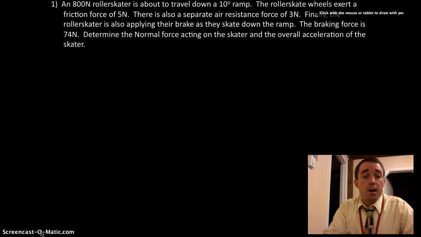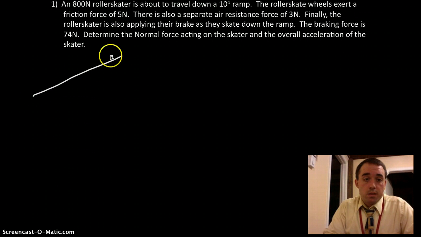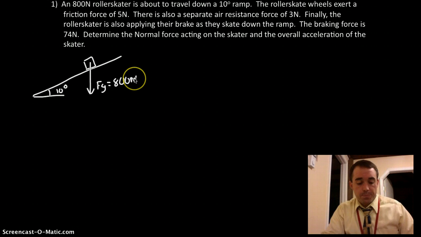To figure that out, we first really have to draw. So let's try to set this up. Here's our ramp. It's 10 degrees. And we have an 800 Newton FG. Okay.